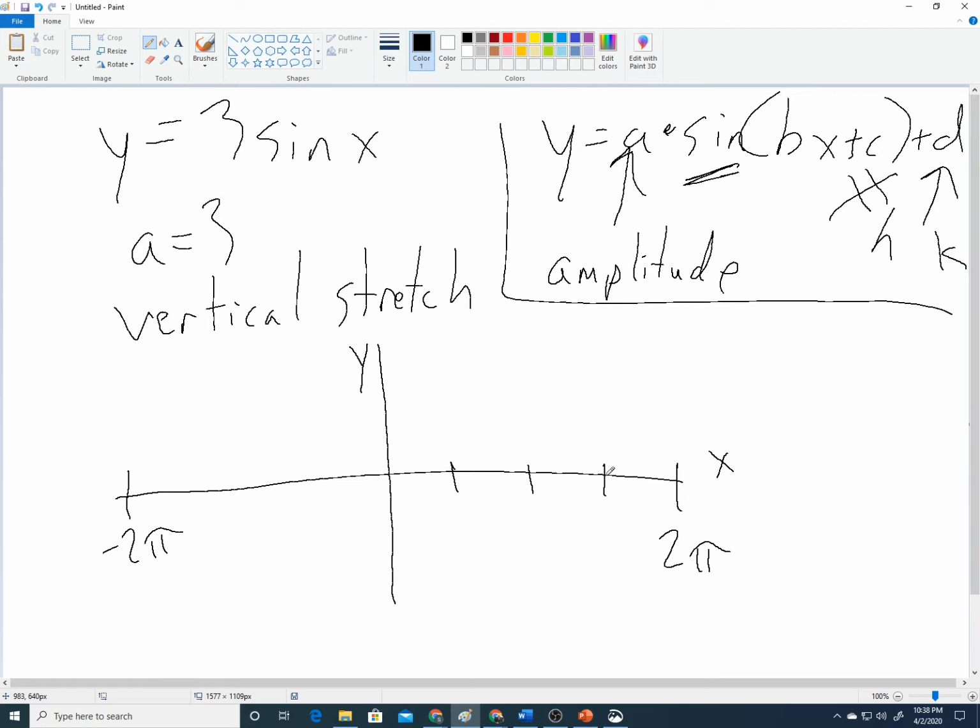I think the best place to always start is at the origin. The y value when we have a sine of 0, and I do hope that you would use your unit circle to verify this. On the unit circle, remember I talked about how the positive x-axis is always going to be the place of 0 degrees and 0 radians.